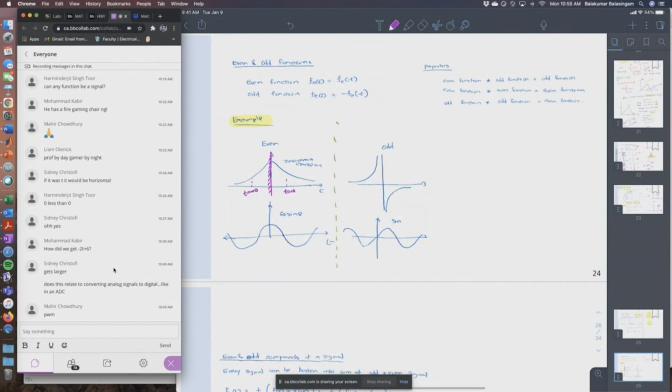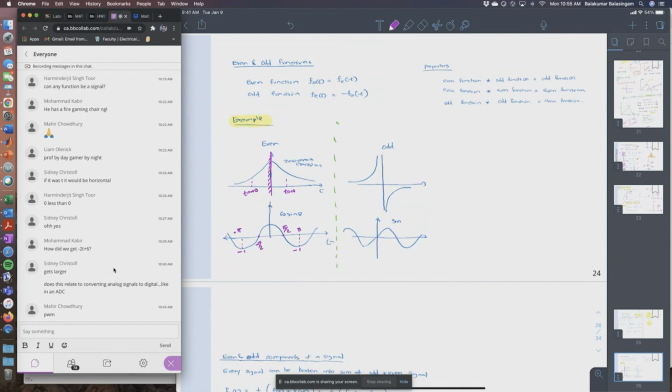Same here. Let's say this is cosine. Cos pi by 2 is 0, and cos of negative pi by 2 is also 0. Cos pi is negative 1, and cos of negative pi is also negative 1.